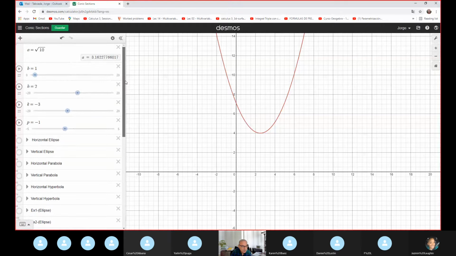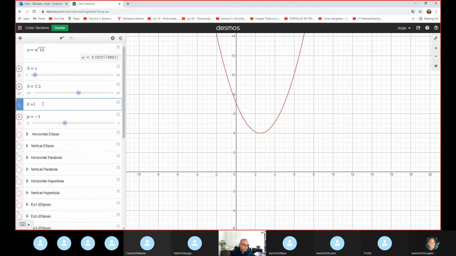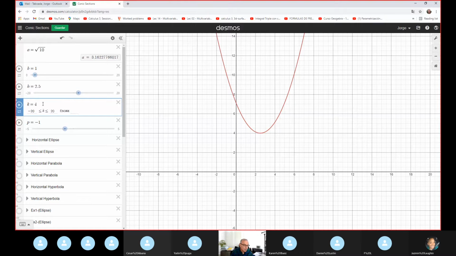However, here you set up the h and k. Well, h is 2.5. You put it directly here, not in the handles. Directly you type in 2.5. 2.5 is h, and k is 4. And p is 1/2.